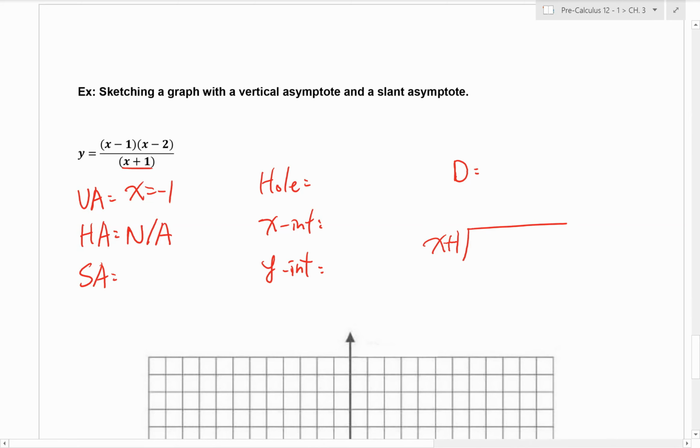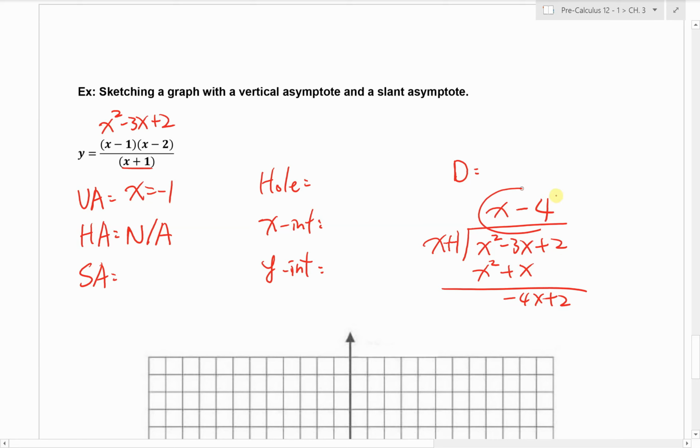So we need to expand this. If you expand this, you should get x squared minus 3x plus 2. So x squared minus 3x plus 2 divided by x plus 1, subtract, you get -x plus 2 minus 4, so the rest doesn't really matter because that's what we are looking for. There is our slant asymptote.